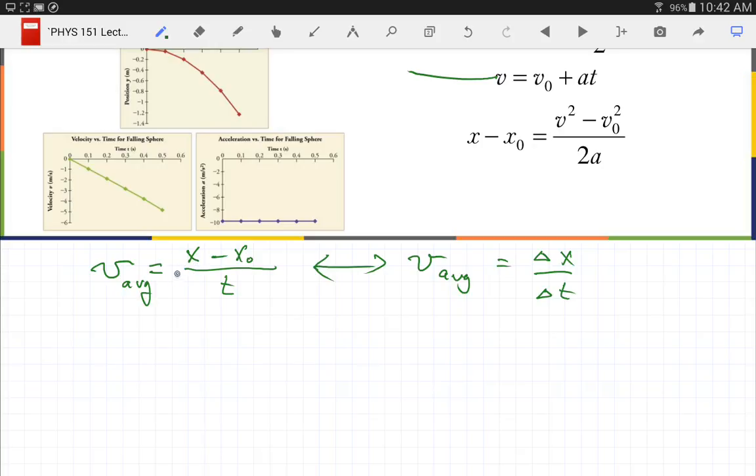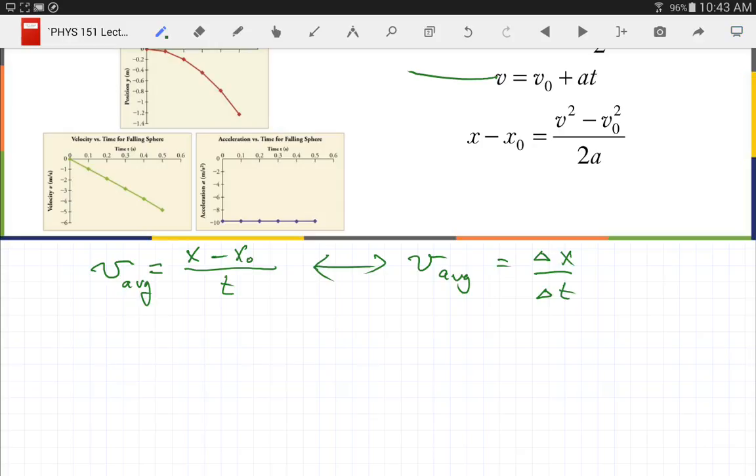X, we're using to say x final. X with the subscript of 0 means x initial. So this x minus x0 is delta x. Now on the bottom we just have t, and here it had delta t. How are those equivalent? Just assume that t initial is 0. Right, that has the further implied t sub 0, the starting time is 0. And so with those things understood about the nomenclature and our arbitrarily setting t sub 0 equals 0, those are equivalent equations.